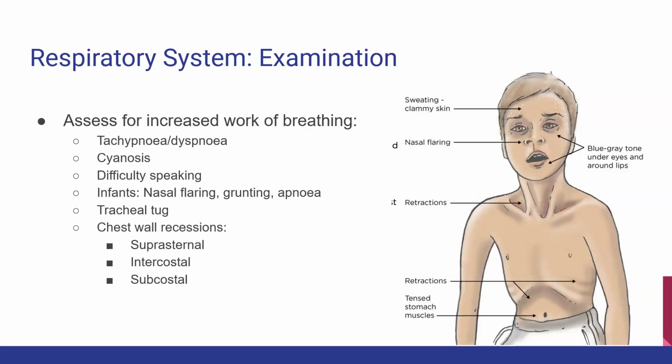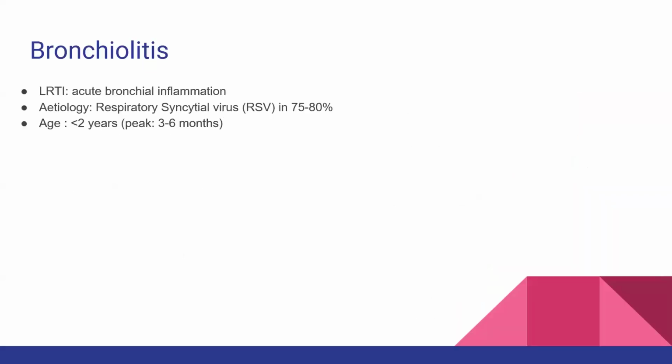And then look for recessions, especially intercostal recessions, which are talked about a lot, but also suprasternal and subcostal. When you're initially thinking of someone having issues breathing, you want to use these signs to see to what severity it might be.